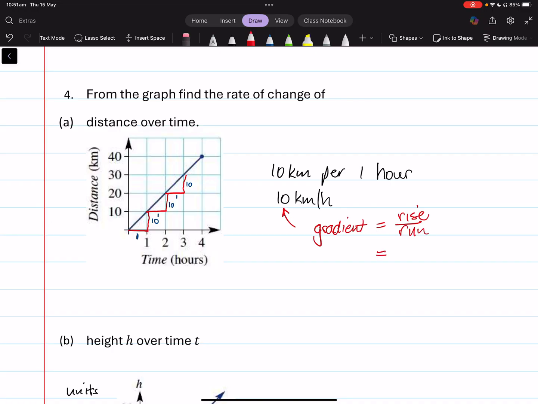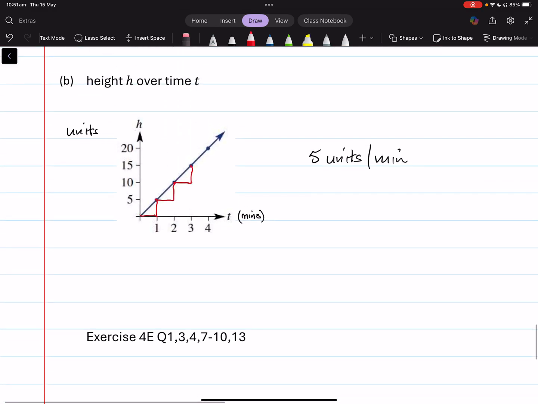And every time you go a run of 1, you are rising 10. And so the gradient is the rate of change of that line. All right, so you can now go on with the exercise questions.